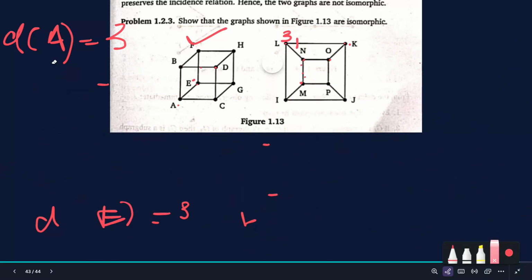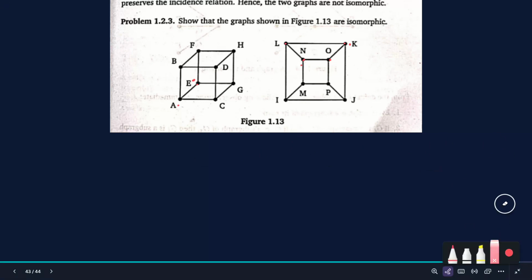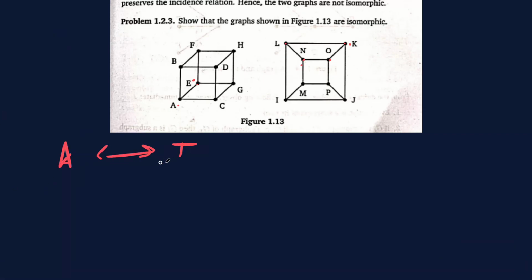While we are writing a one-to-one correspondence, I will show you one way in which we can write it here. If I am saying here A corresponds to I, then A is connected with C and B. So if I am writing B next, then it should be connected with I, because A is connected with B. Let's say I take L, so I and L should be connected.